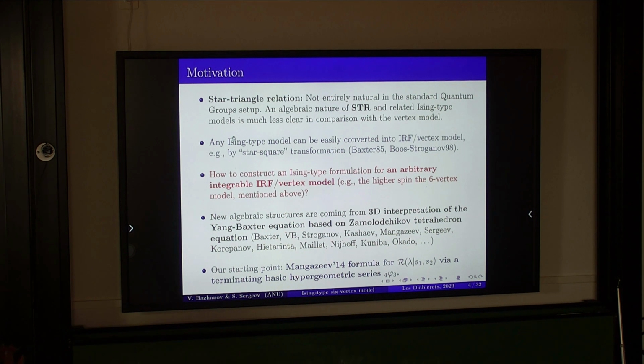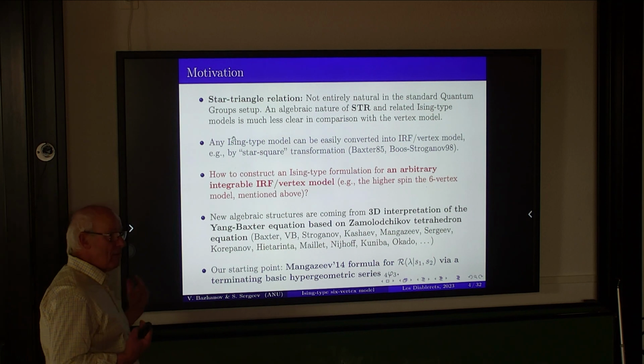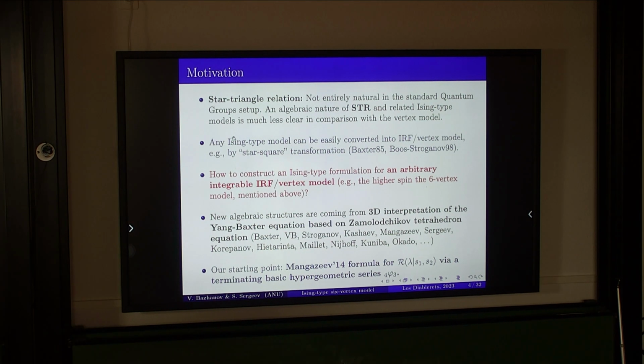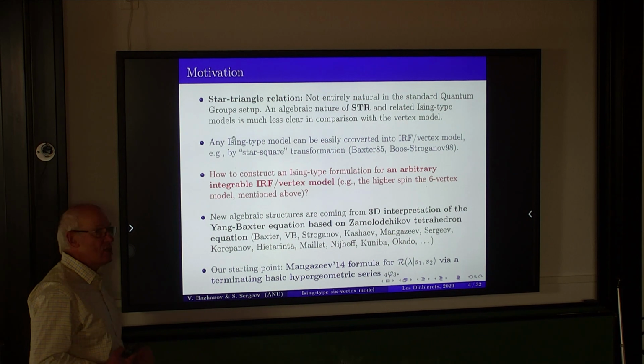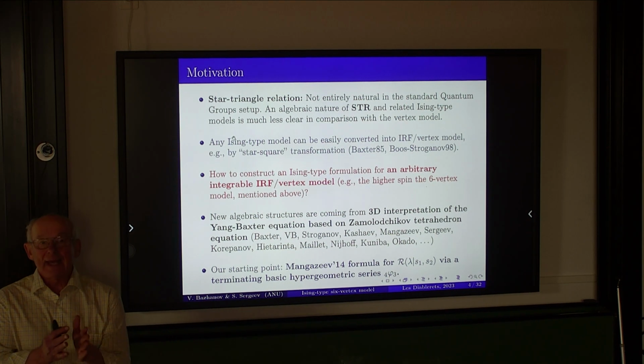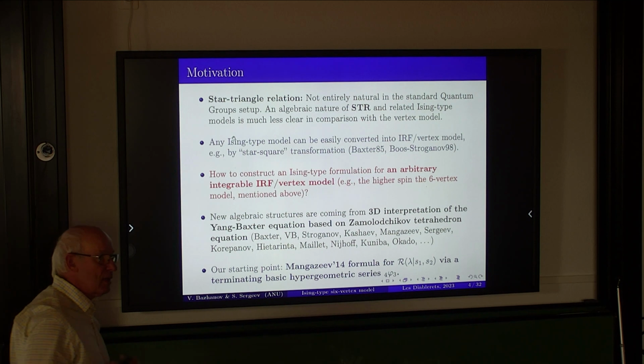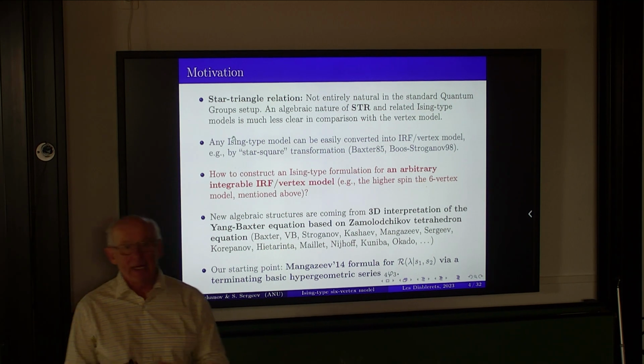And there are some three-dimensional integrable models and solutions of the tetrahedron equation. And that particular model, the six-vertex model, is just a two-layer case of a three-dimensional model. So there is a three-dimensional model, which is more complicated.